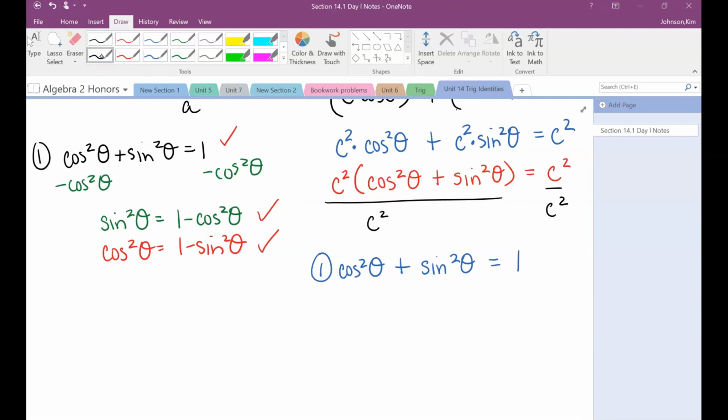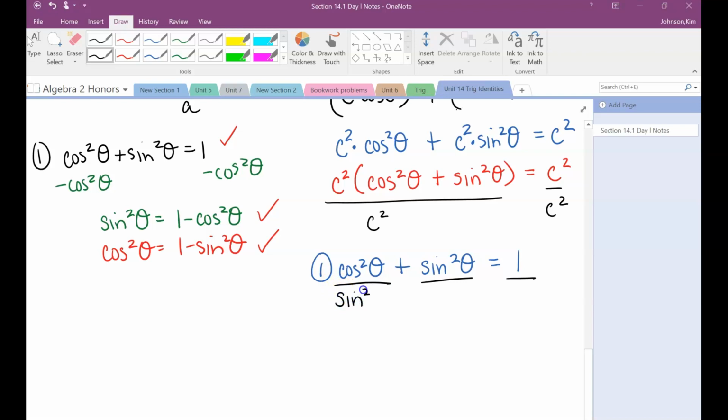Now, a second identity comes from asking, what if we divide both sides of my equation by sine squared of theta?